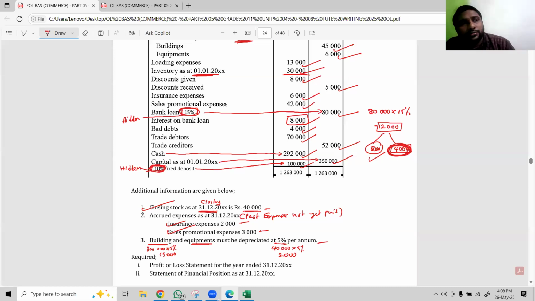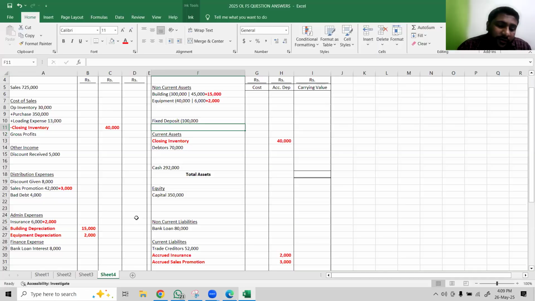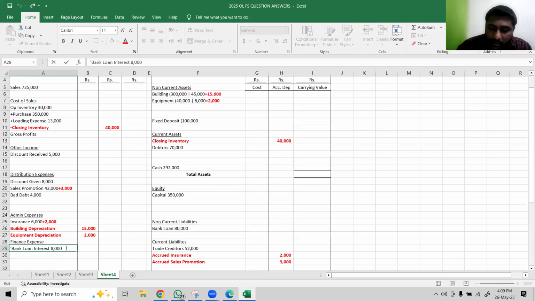The 8,000 is already recorded because it is in the trial balance. Out of 12,000, the other 4,000 we have to record. So we'll record that 4,000 as interest expense.